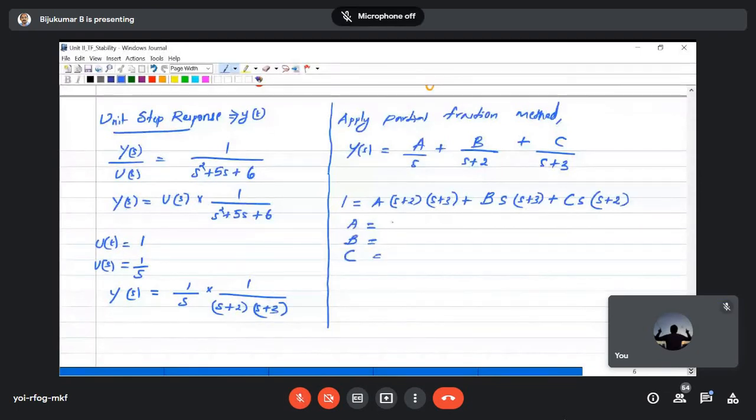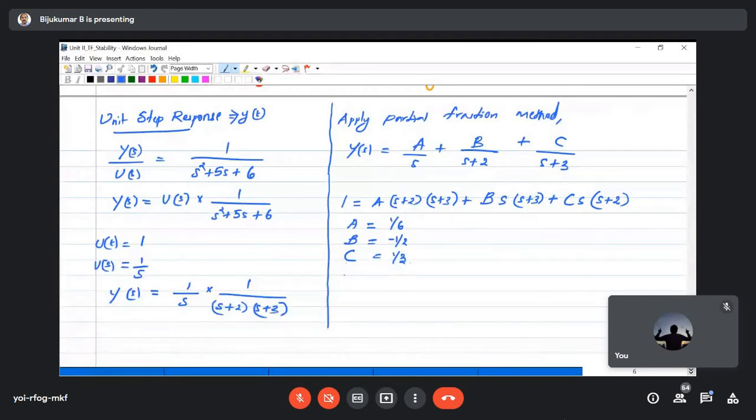A = 1/6, B = -1/2. What about C? 1/3, sir. Okay. So hope everyone knows how to do this, and everyone is doing it.